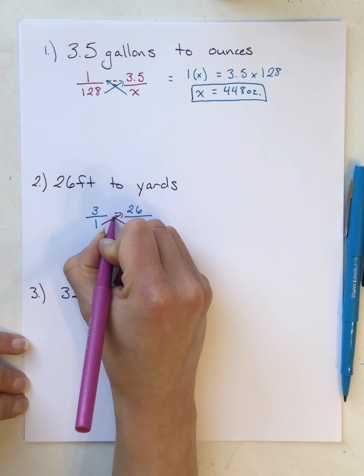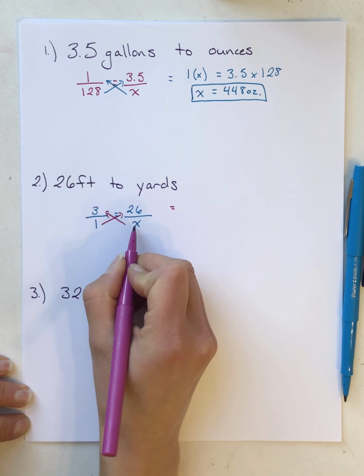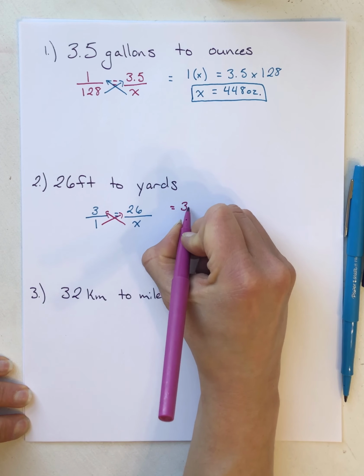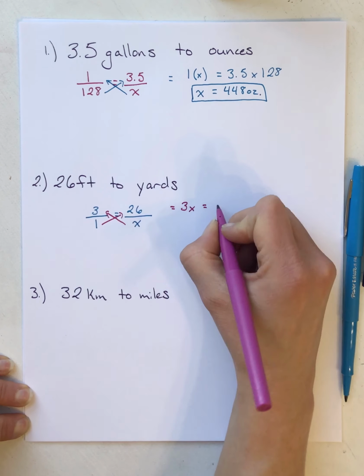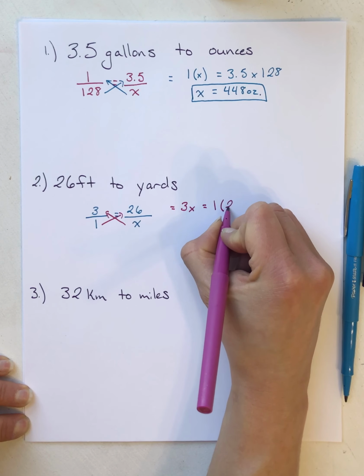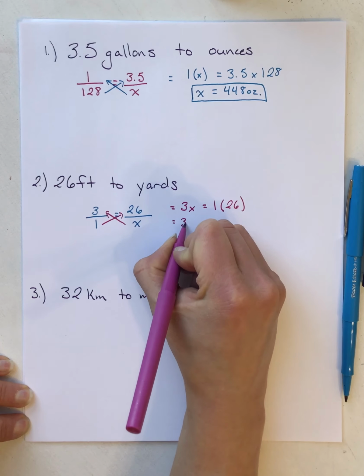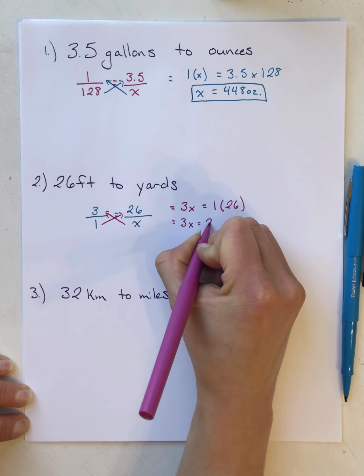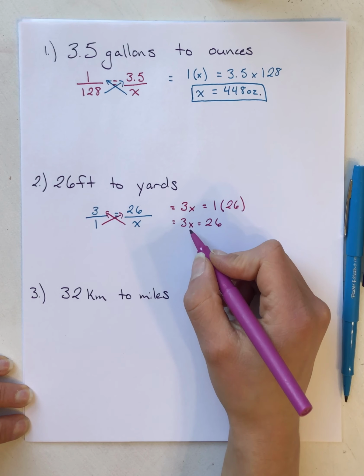So we multiply those two, and we multiply those two, and we go x times 3, which is going to give me 3x is equal to 1 times 26, which is going to give me 3x is equal to 26. So now I have to get x alone.